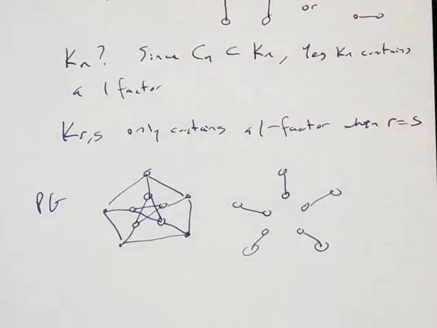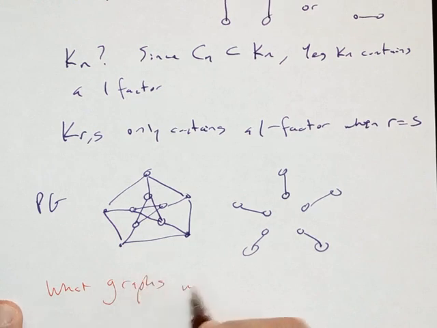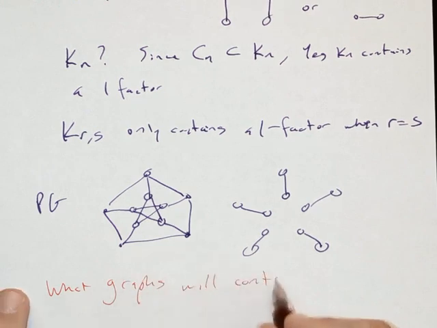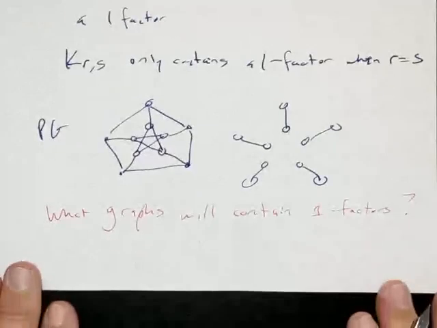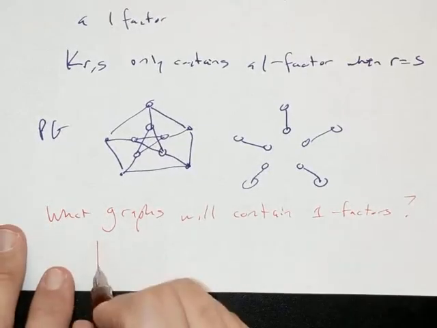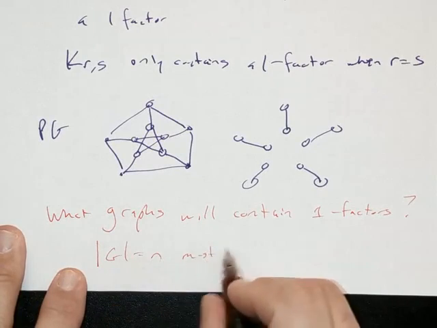So one of the bigger questions is, when do I have a 1 factor and when do I not have one? Right now, the only thing I'm sure I need is the order of the graph, call that n, must be even.